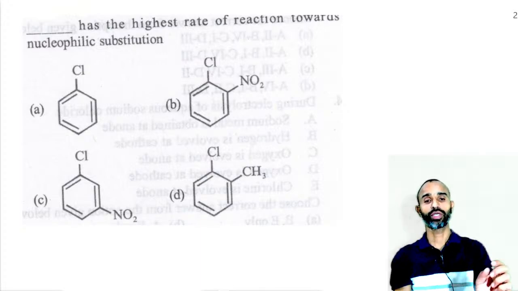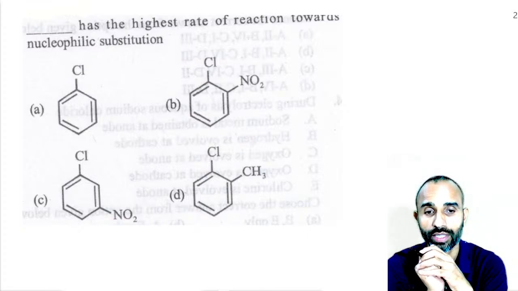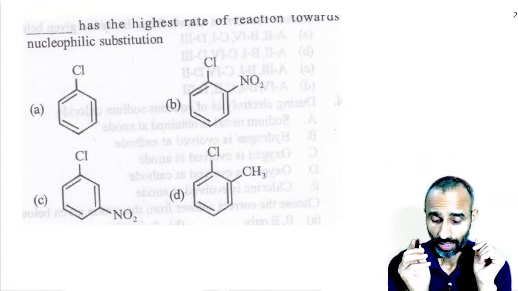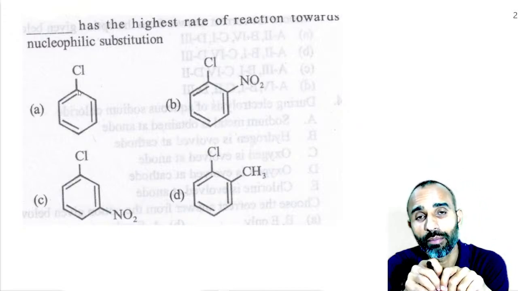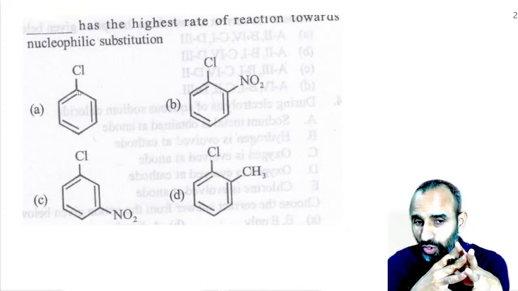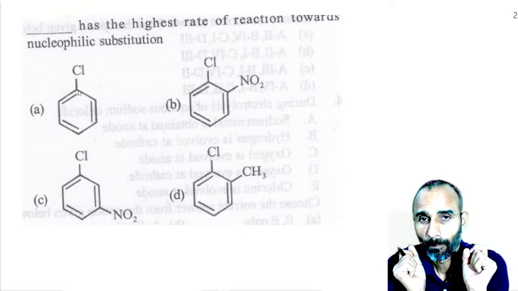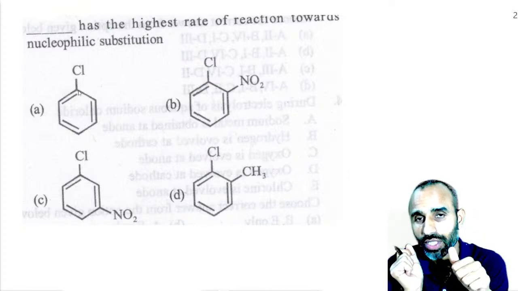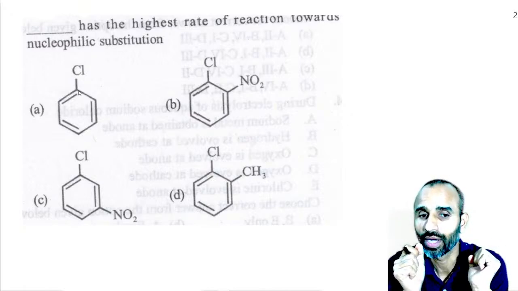Good, because highest rate of reaction towards nucleophilic substitution means, now you know, the ring has higher ability for electrophilic substitution because the ring is electron rich. But if electron density on the ring decreases, that will increase the nucleophilic attack.